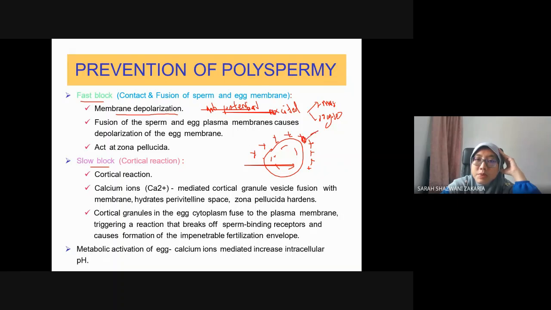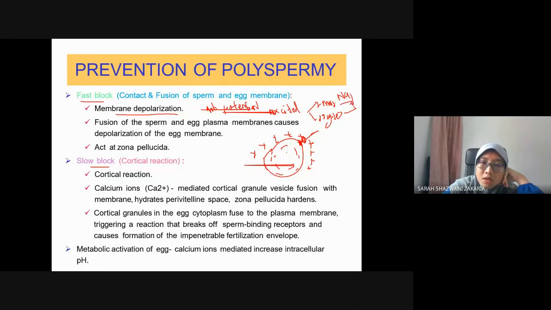The sperm now penetrates the layers and comes into contact with the cell membrane of the oocyte and fuses with it. This disturbance causes membrane depolarization, meaning the negativity inside the oocyte becomes positive. In muscle, it is about sodium and chloride entering the muscle cells.